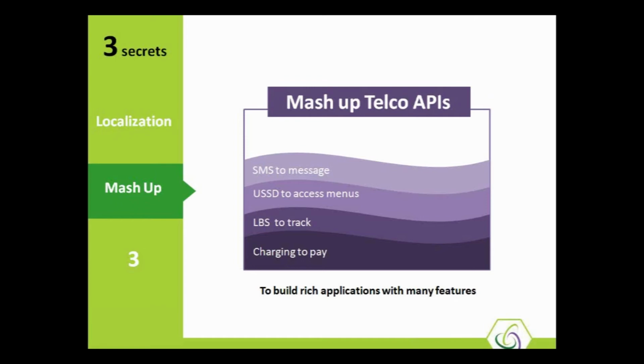You can track the location of the subscriber, and the subscriber can send a message ordering the coffee, and the coffee shop can send back a response. Assuming I'm ordering a coffee, the amount would be deducted from my mobile account. There are hundreds of ideas like this if you think about mashing up telco APIs in your applications. The possibilities are huge, right?